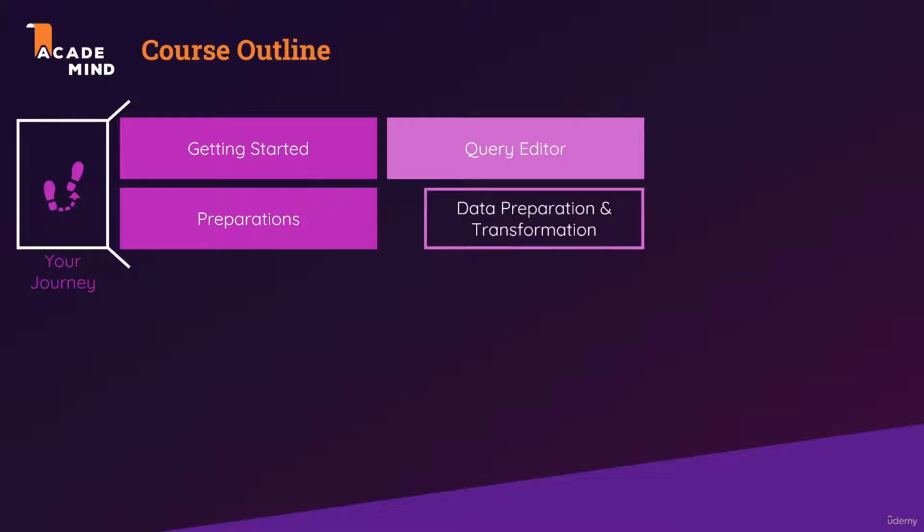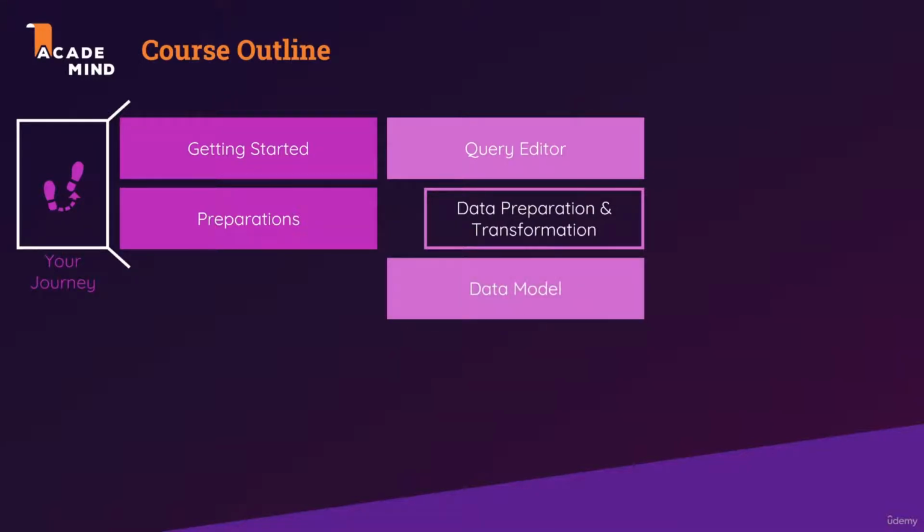After we finished our data preparation and transformation, we'll dive into the actual data model part of Power BI Desktop. This part is again divided into 3 different core areas. One core area will be data analysis expressions, DAX.